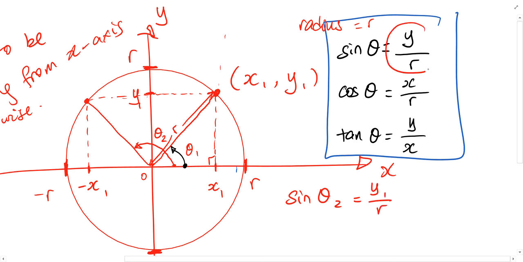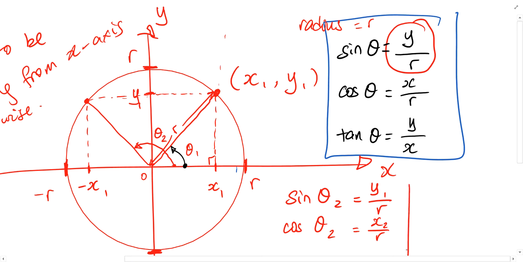Why is it y1? Because my definition is that sine will be the y value divided by r, which is the hypotenuse, which is fixed in this case. It is a circle. So for theta 2, my sine theta 2 will be y, but in this case it's still y1, divided by r. So cosine theta 2 will be x2 over r, right?